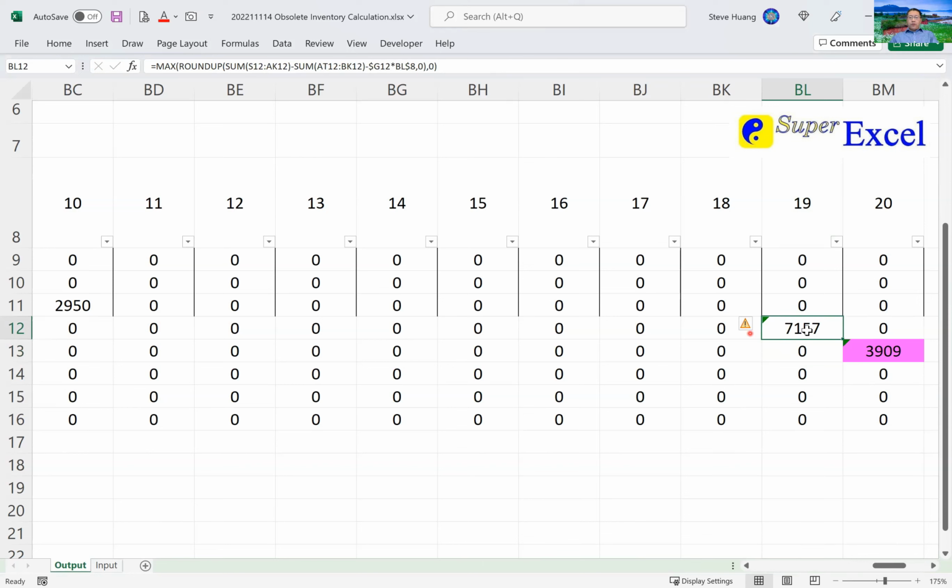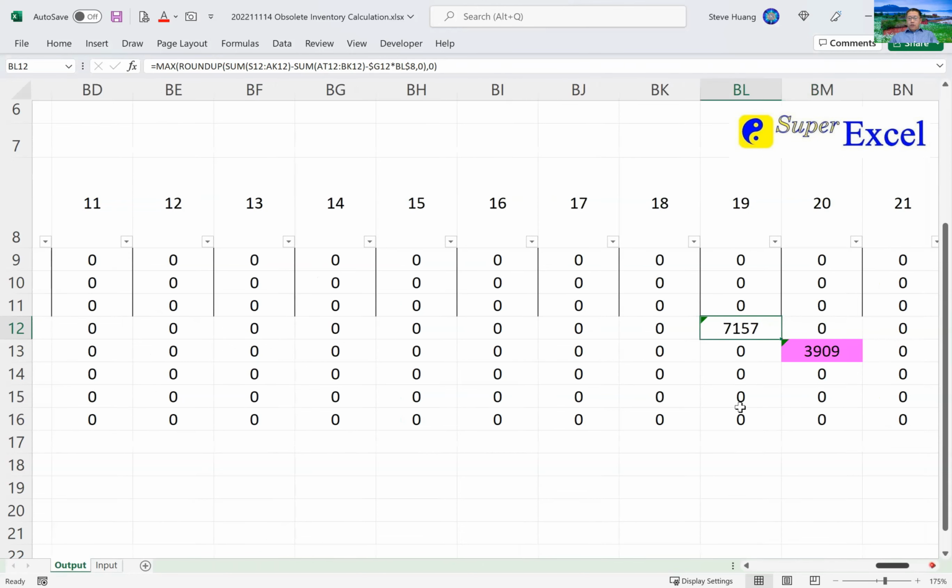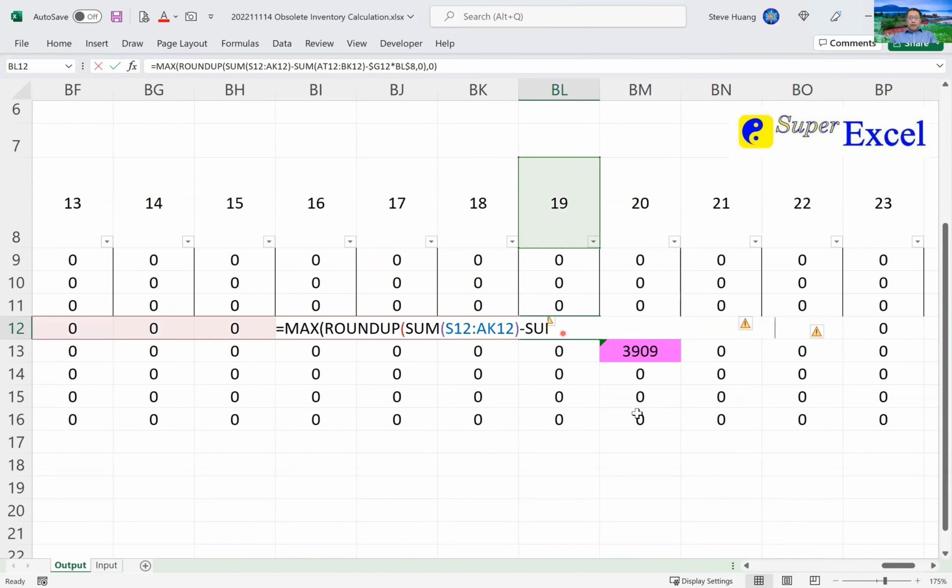Now, before I can copy the formula to the other months, I have to make sure the formula references are correct. When we sum all those available inventory from the first month to the current month, which is month 19, that means when I copy the formula to other months, I want the beginning cell to start from the first month, but the ending cell to keep changing.